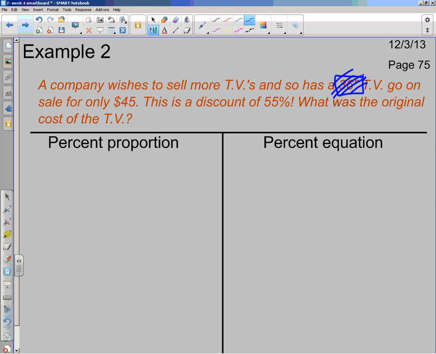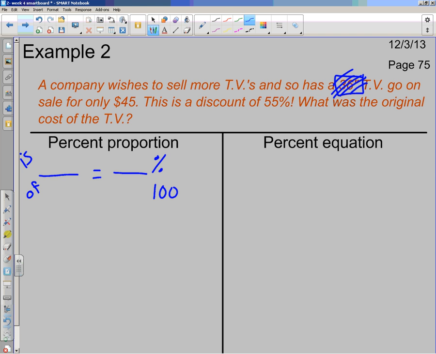So once we realize that, we can go ahead and create our percent proportion. By the way, I don't know if I mentioned this. You need to go on to page 75 for this problem. Set it up the same way that we set up page 74. Okay, so now we have is over of equals percent over 100, right?